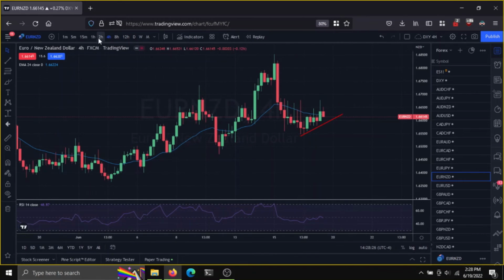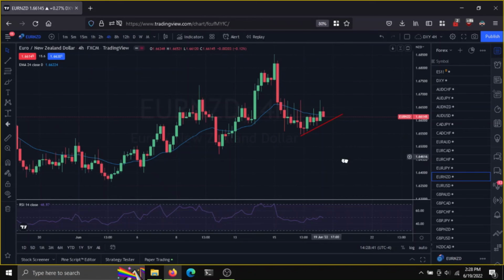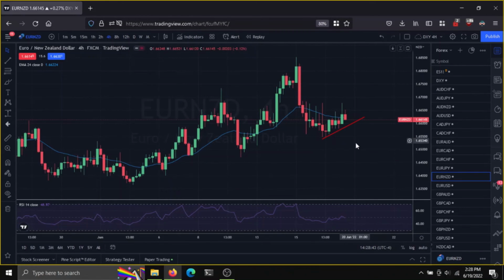For upside, I mean, if it breaks this top, nice hourly correction breaks the top, you might get a trade. Take it up a little to this area, set it to break even, see if it runs. Possible. This is a good pair to watch early in the week.